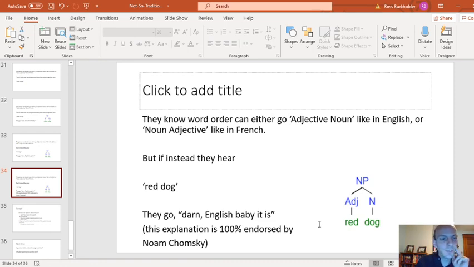He's still alive, don't worry. He's probably groaning at this explanation, but that gives you a basic idea of what universal grammar is trying to convey. It has these basic building blocks like adjectives, nouns, and all kids are trying to do is put them in the right order. Figure out whether they're French babies or English babies, I guess.